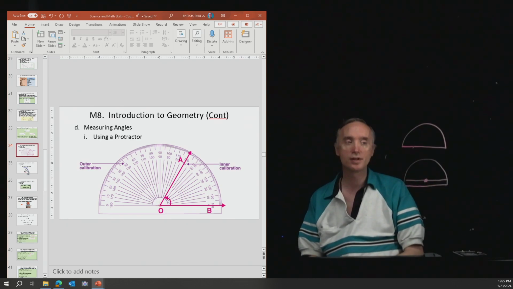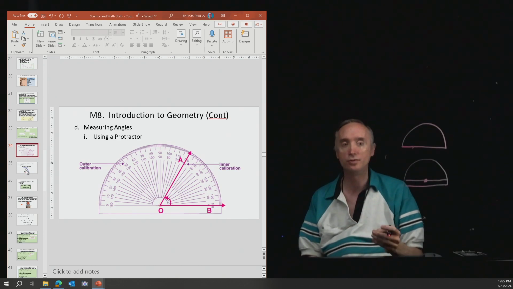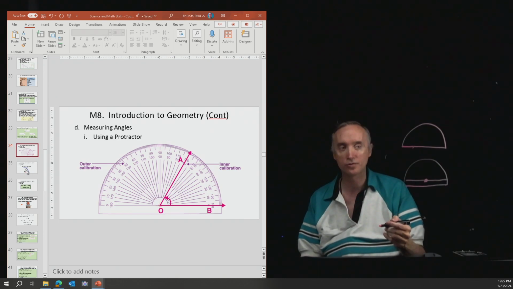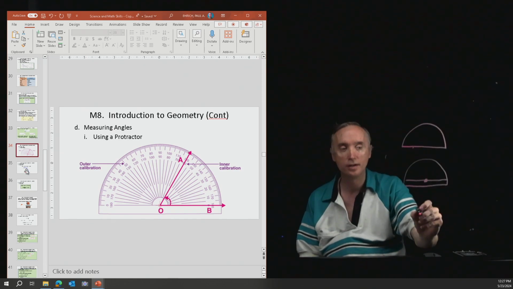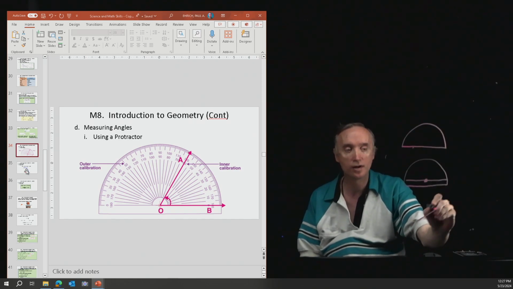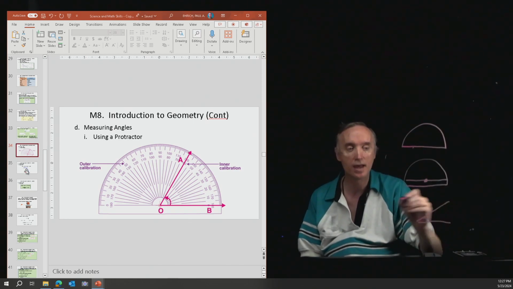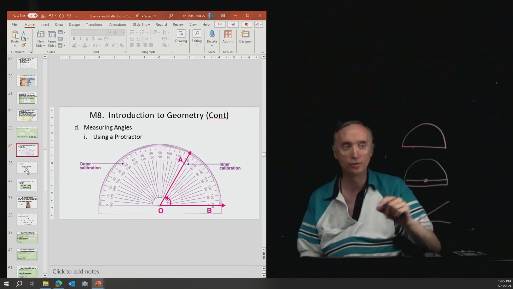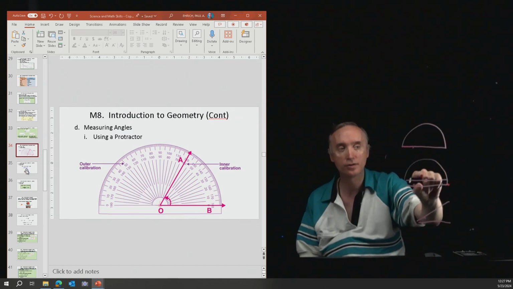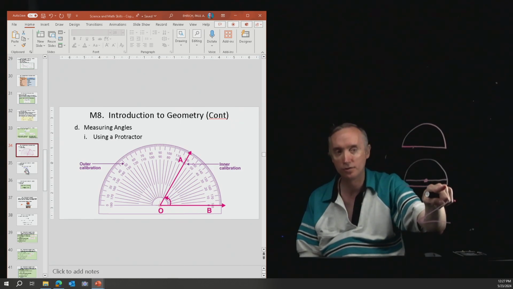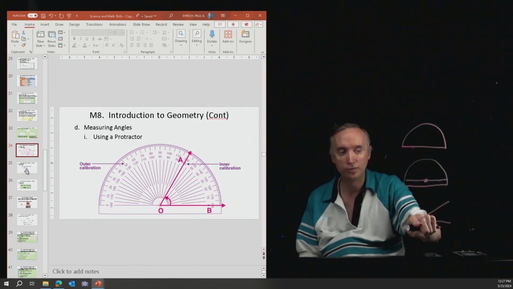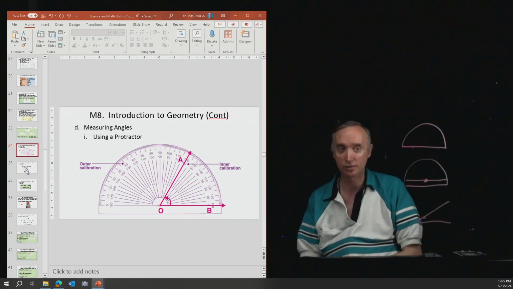The first mistake that some of my students make whenever they use a protractor like this is that, let's say they are trying to measure this angle, they will take this protractor and slide the bottom of the protractor onto this line, and then they don't get the right answer.